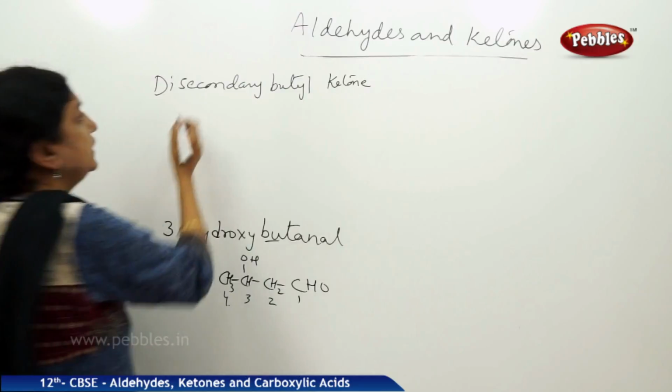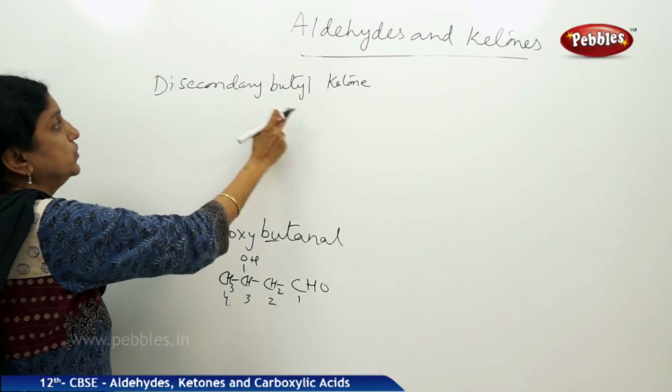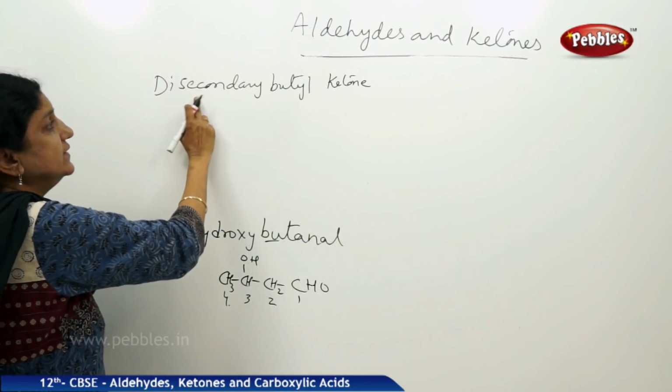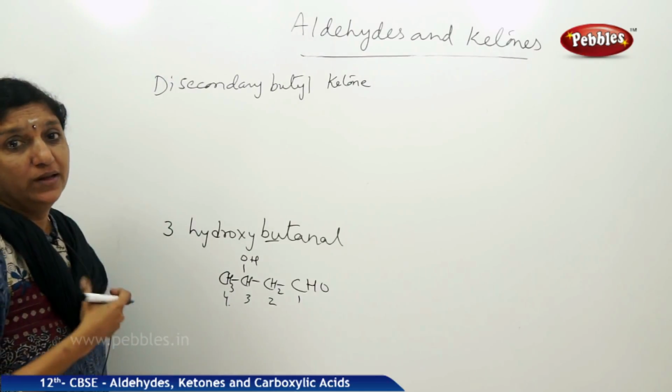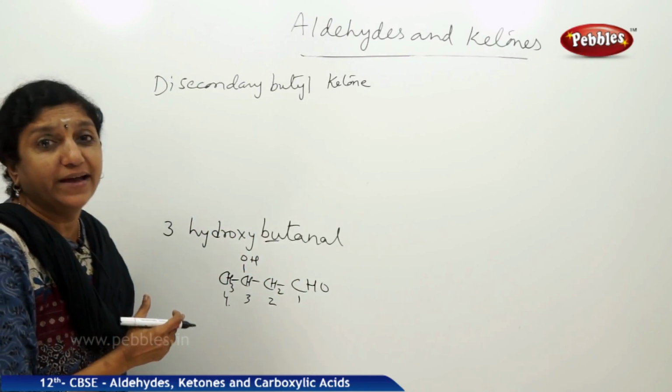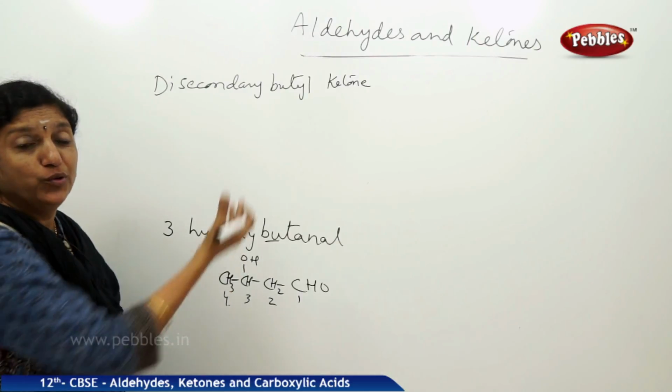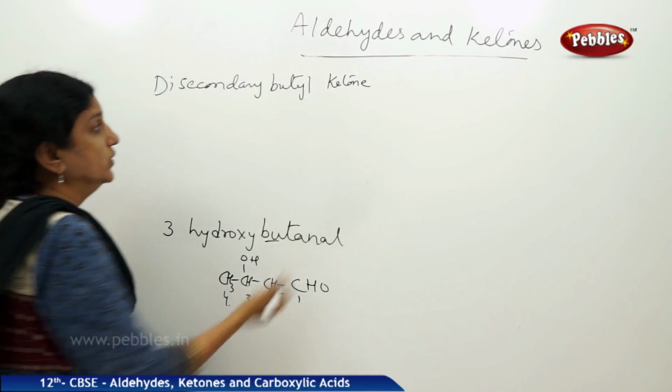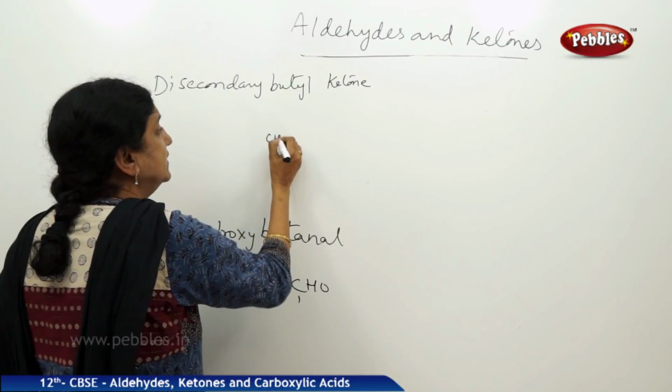So di meaning there are two of these groups. Which groups are present? The secondary butyl group. Now you have to attach two secondary butyl groups on either side of the carbonyl group to get the structure of this ketone. Well, let us see how that is done.